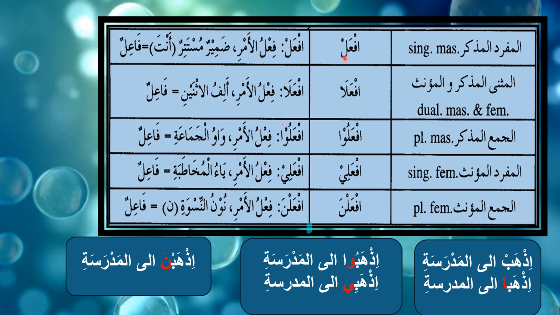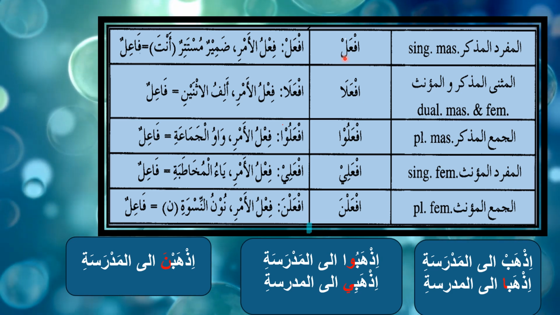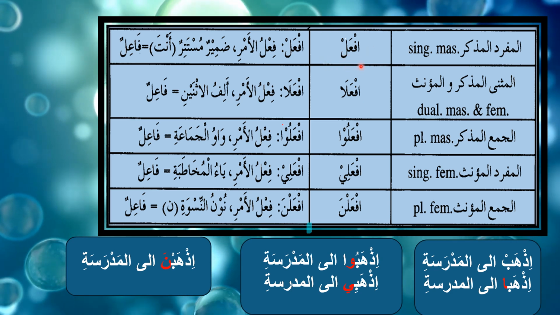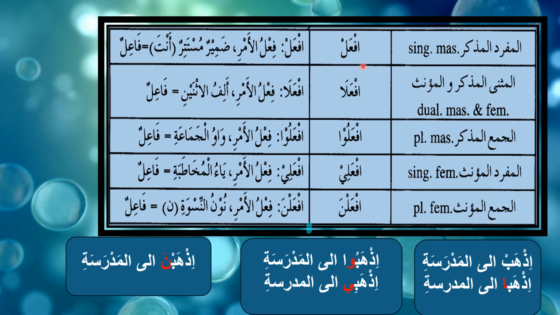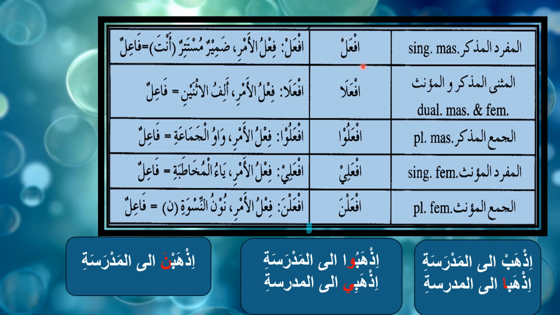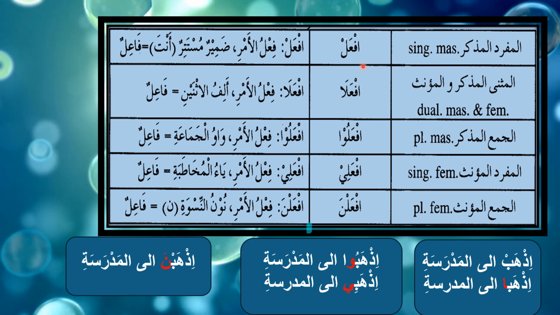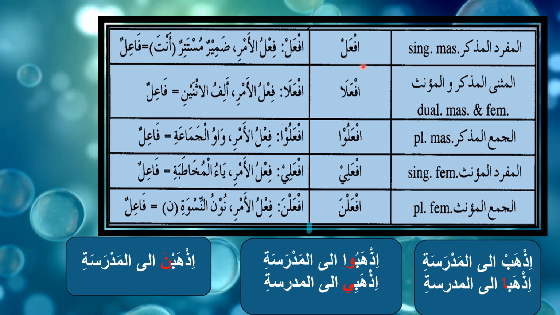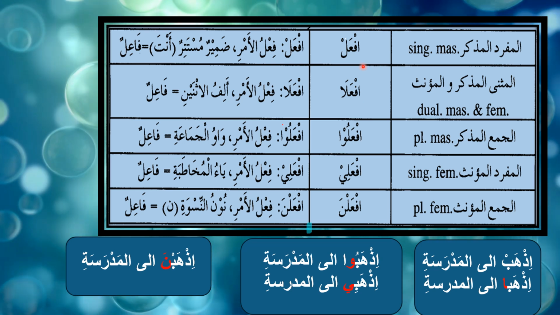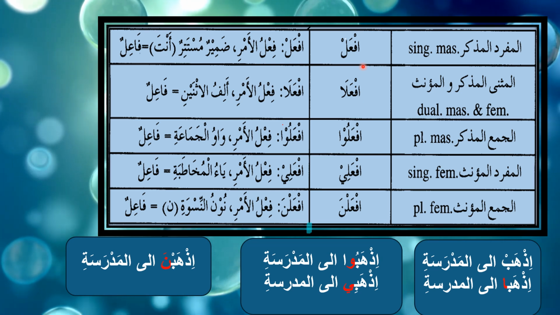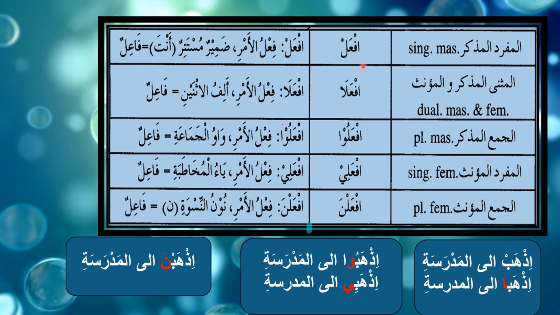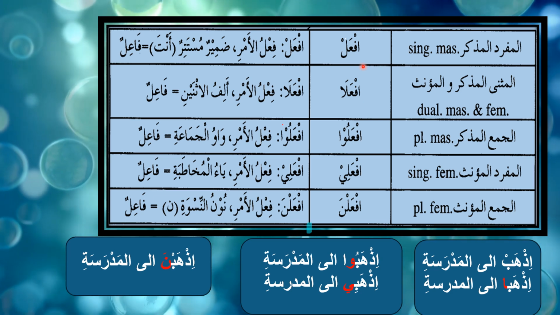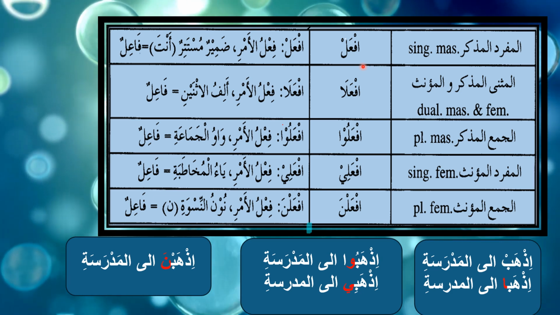Apply the formula of jumla fi'liyya. In a command verb, you have your fail, you have your fi'l, and the damir taqdiruhu anta is hidden inside the fi'l. Look out for the maf'ul bihi, and after the command, whatever noun comes is in the position of maf'ulun bihi.